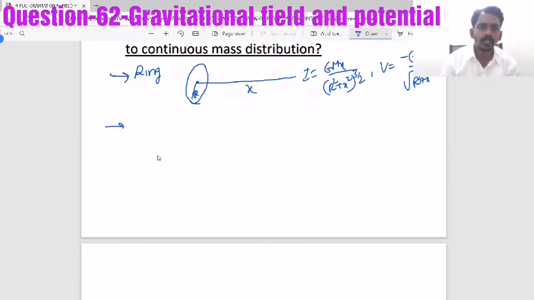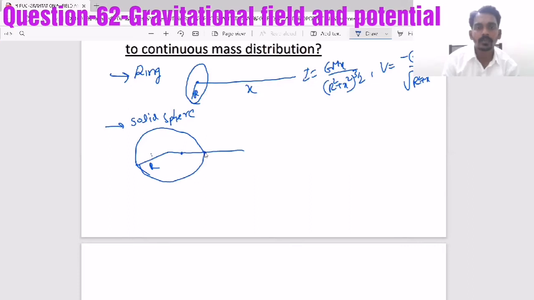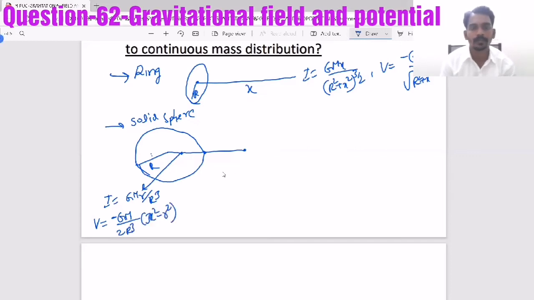Now the next object you have to remember is the solid sphere. When you consider a solid sphere of radius R, there are three kinds of points you will get. One is inside, one is on the surface, one is outside. When you consider inside, the field is GMr by R cube and potential is minus GM by 2R cube into (3R square minus r square).